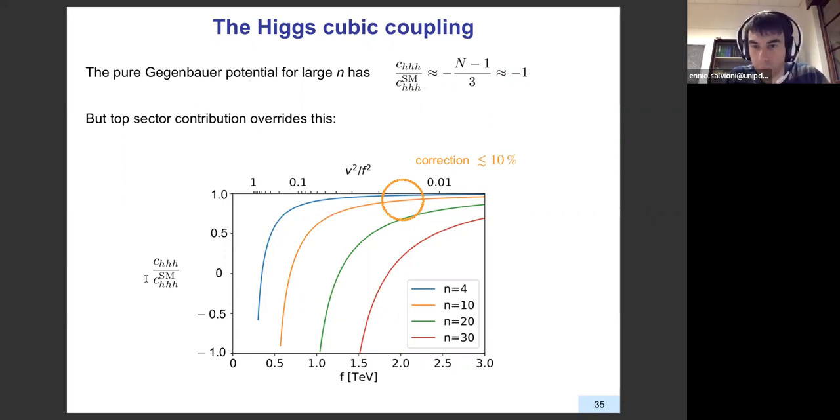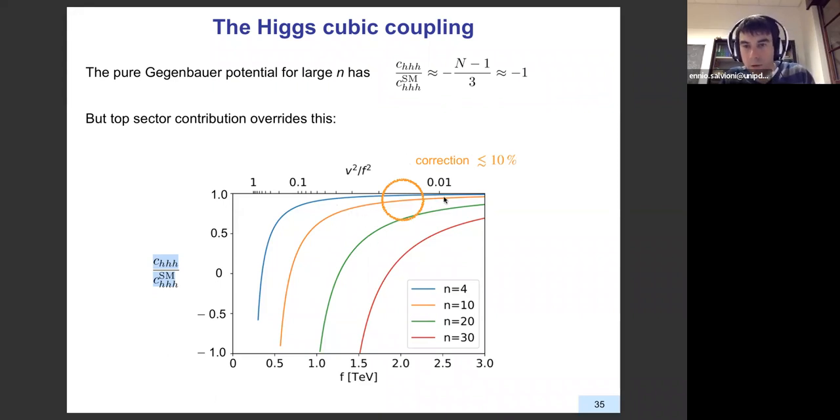So if you really look at the plot that corresponds to what I showed you so far, where now the top loops are included, you see that the point I was referring to is sitting here. So the correction to the trilinear is about 10%, slightly smaller actually. In principle, there could be a dramatic difference, but in practice, the effect is very suppressed.